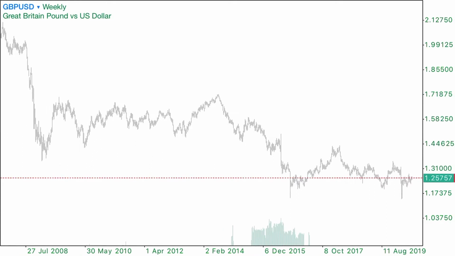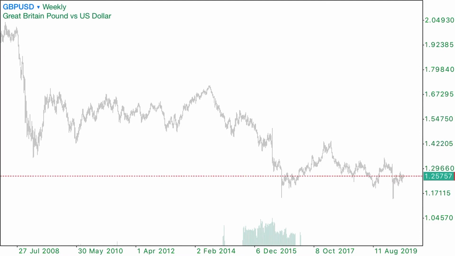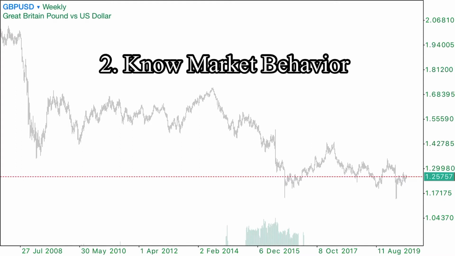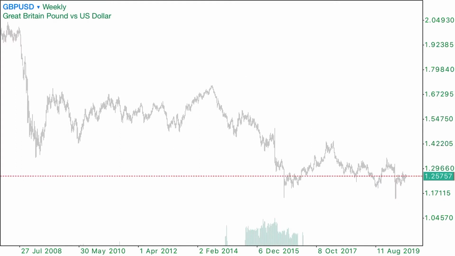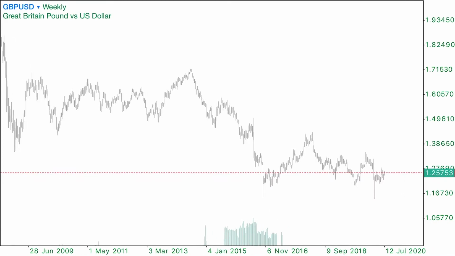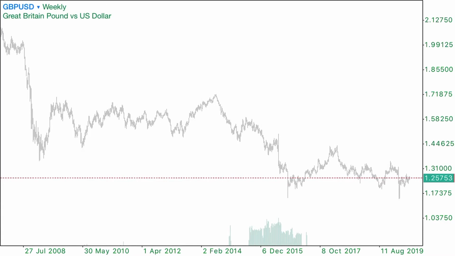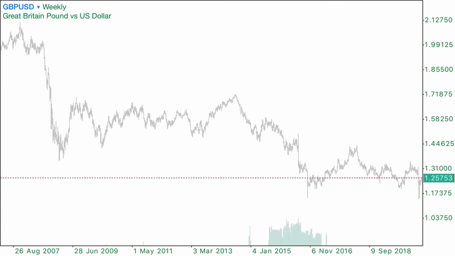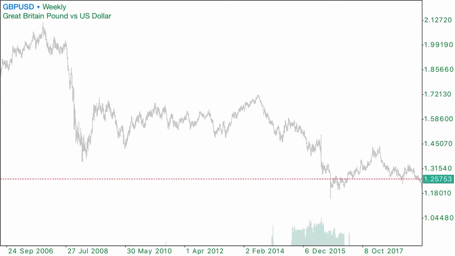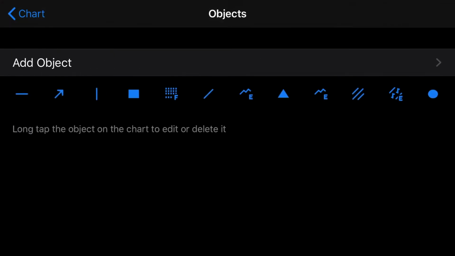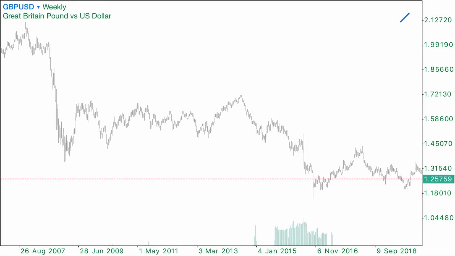All right. And also you need to know market behavior. How does the market move in an uptrend? It comprises higher highs and higher lows, and in a downtrend, lower highs and lower lows. Also, in a downtrend you get impulsive and corrective waves, like we can see in these weekly charts.